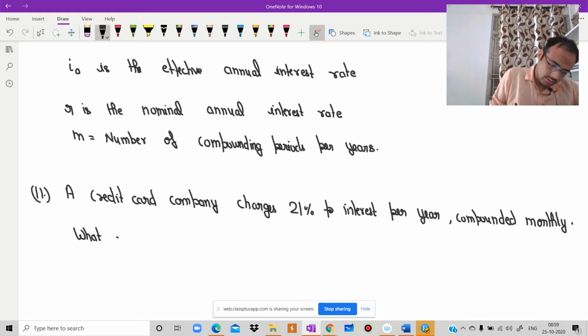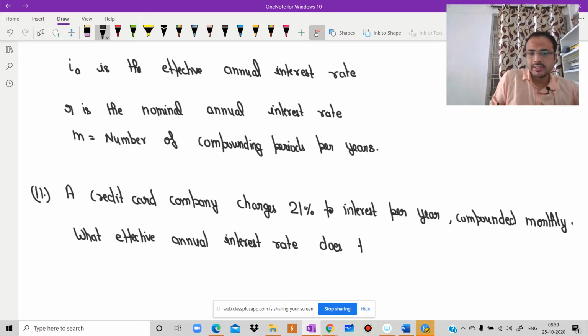What effective annual interest rate does the company charge? I need the correct answer from every student.